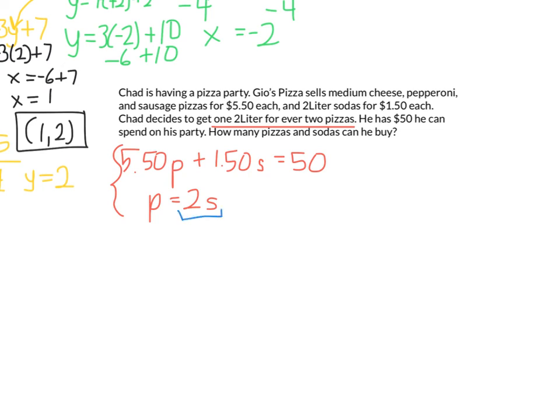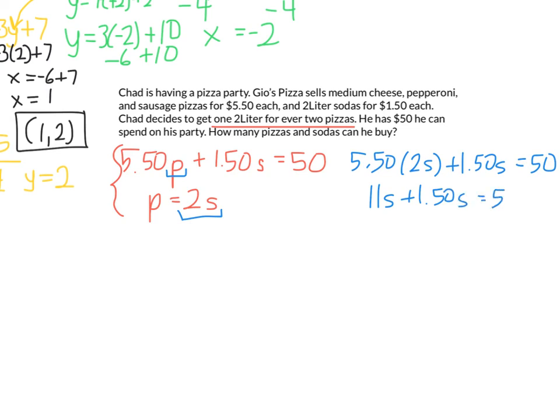This expression gets plugged in place of the P in the first equation. So then I have 5.50 times 2S plus 1.50S equals $50. So doubling 5.50, that's 11S plus 1.50S equals 50.